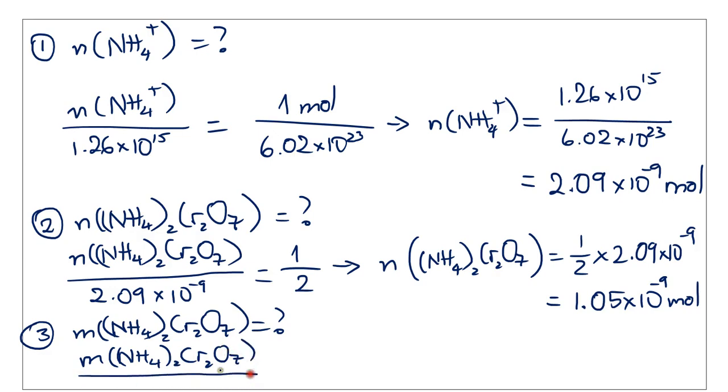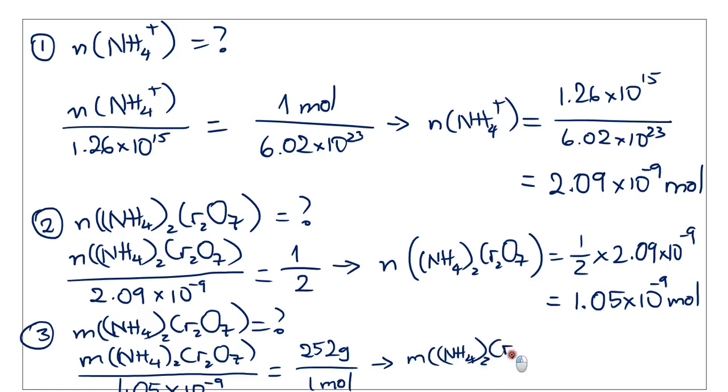So the mass of this over 1.05 times 10 to the negative 9, which is the number of mole, is going to equal 252 grams per 1 mole. So from here, I can find the mass of ammonium dichromate, which is 1.05 times 10 to the negative 9, the number of mole, multiplied by the molar mass.